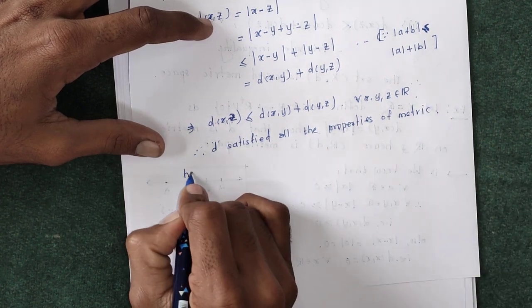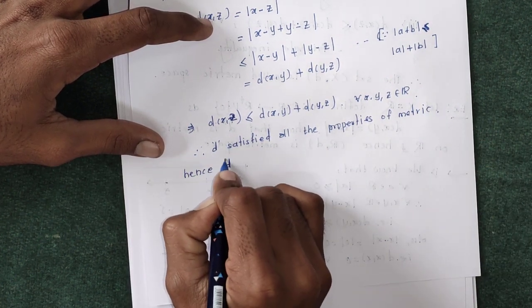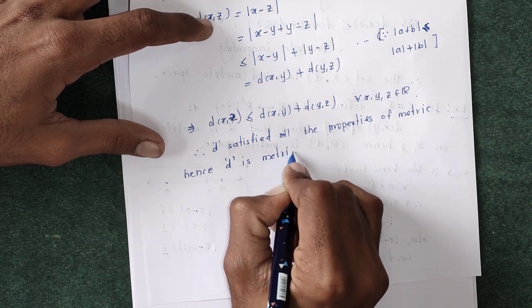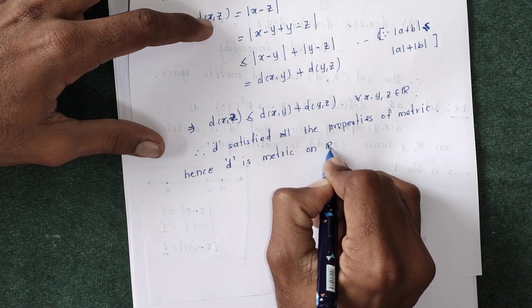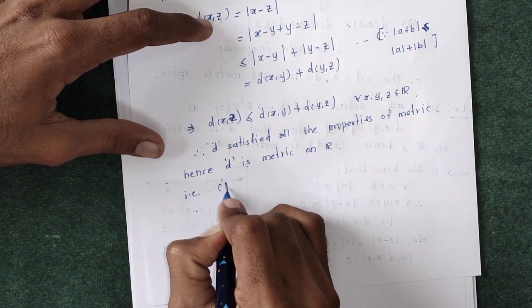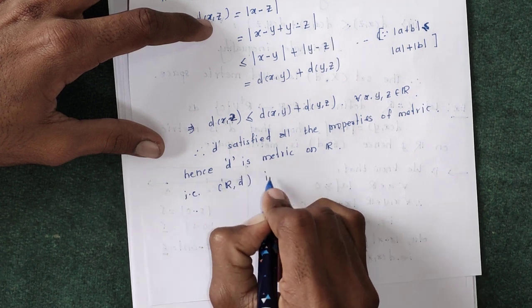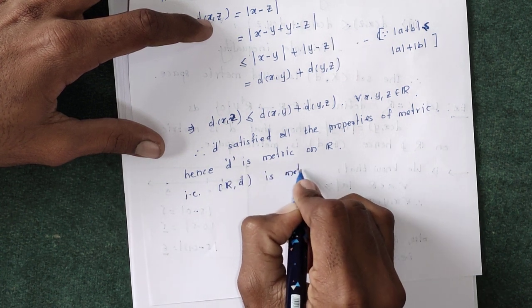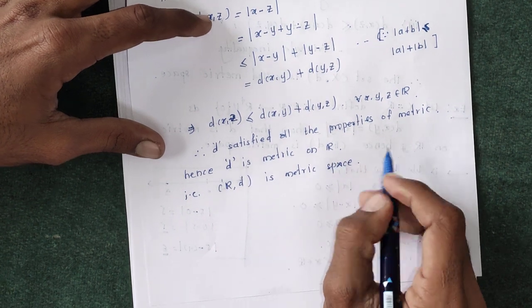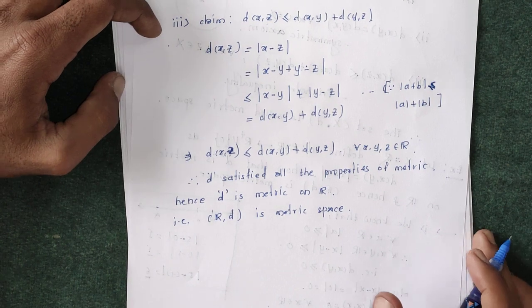Hence D is a metric on R. That is, R, D is a metric space. Hence, the first example is completed.